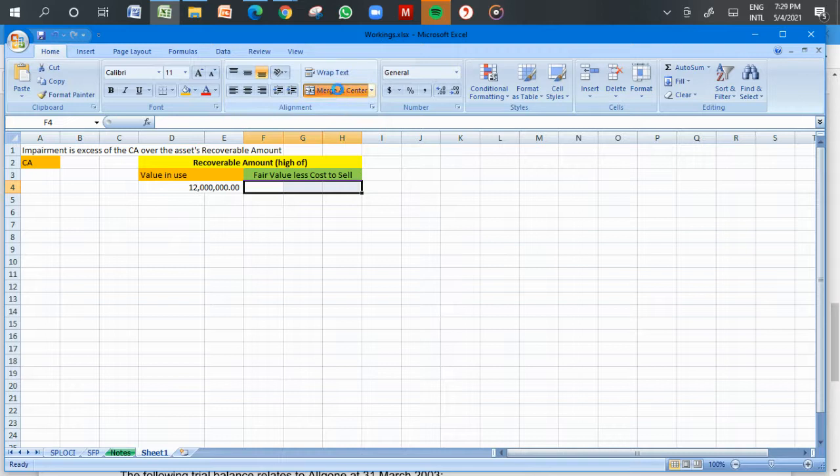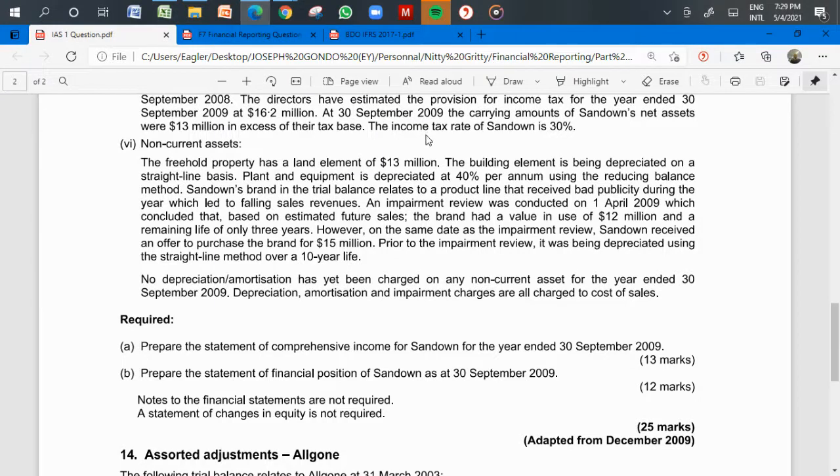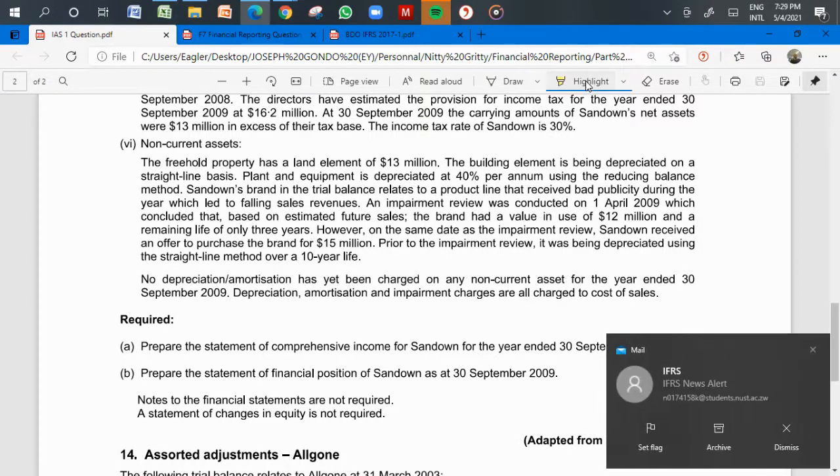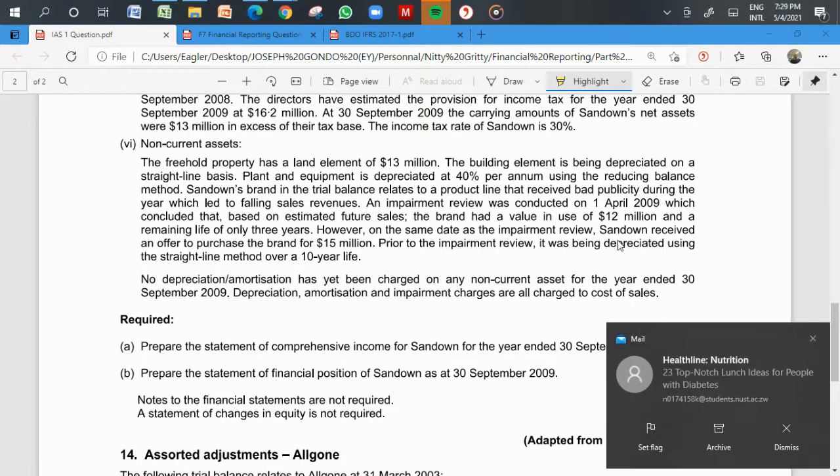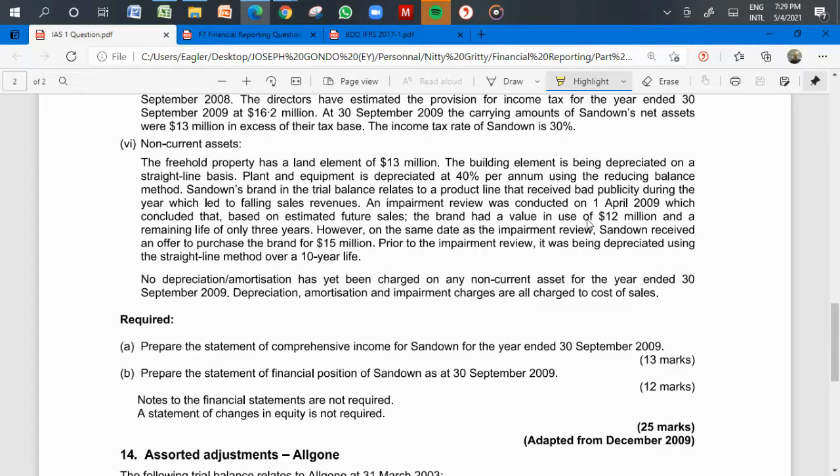Okay, that is the definition of a fair value. So we want to determine if we can determine our fair value from this statement. Our value in use is 12 million.